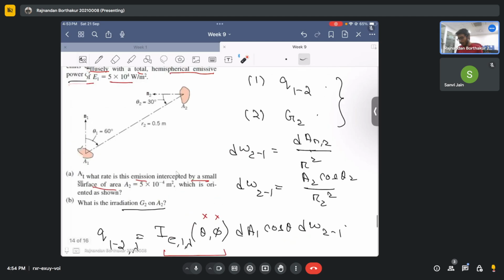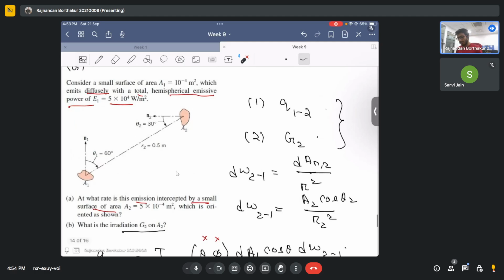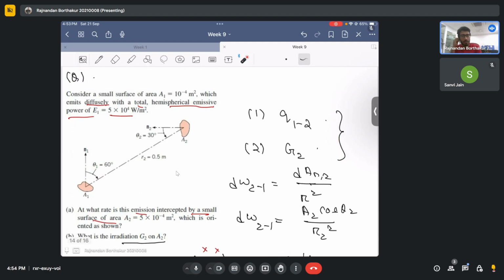Okay. All right. So I hope you understood what we basically did in this problem. This was indeed an involved problem that we saw. So it's a good problem actually. We also understood what we meant by a diffuse emitter. And yeah, so this is something that we saw. Any questions on this?